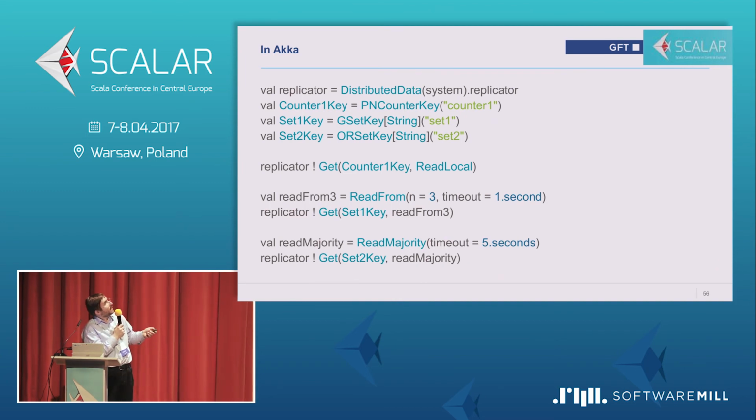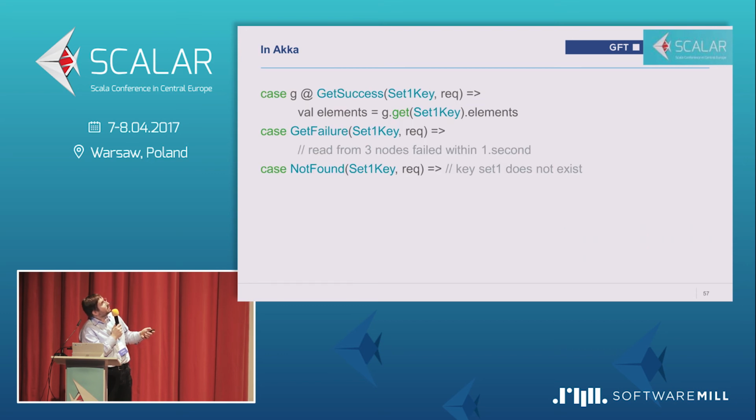I send a get message, get me counter one key, read local, or read majority, and the cluster would reply either with get success, get failure, or not found. Okay, so get success, okay. Get failure, sorry, no bonus. Not found, the key doesn't exist at all. So it means that something is really, really wrong.